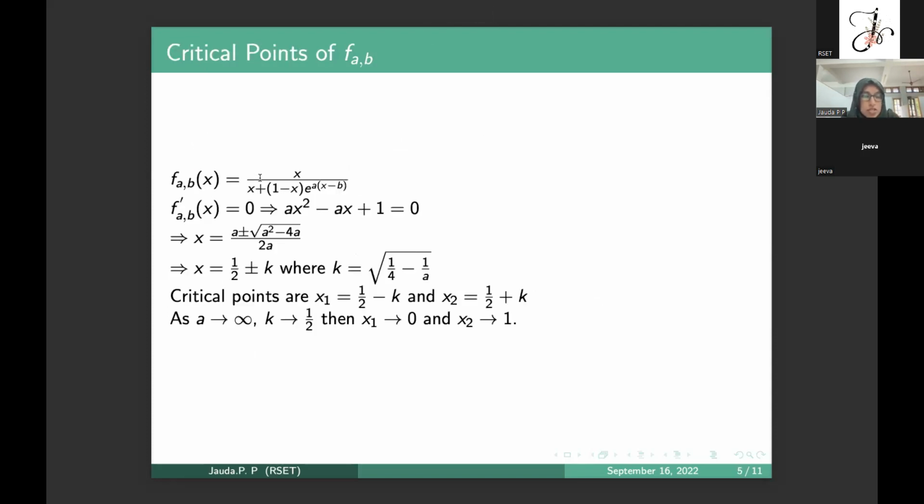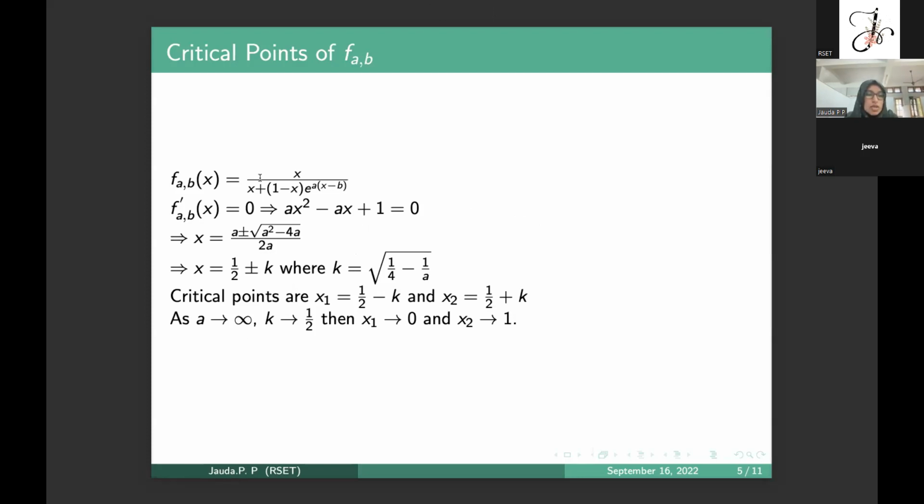Now to the critical points of FAB. To find the critical points of FAB, we equate FAB dash of X to 0, which implies AX squared minus AX plus 1 is equal to 0. That implies X is equal to (A plus or minus root of A squared minus 4A) by 2A.